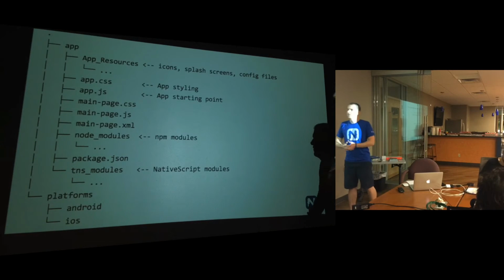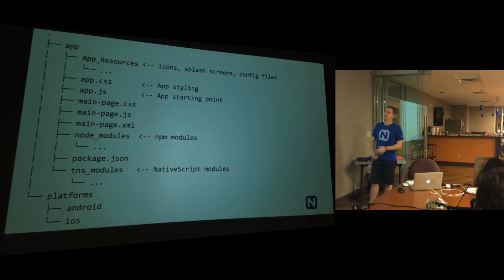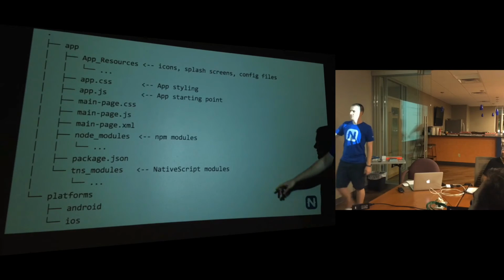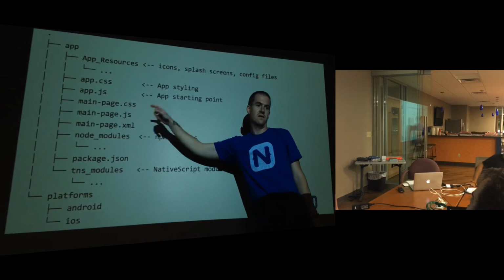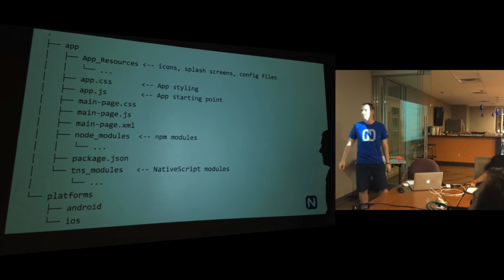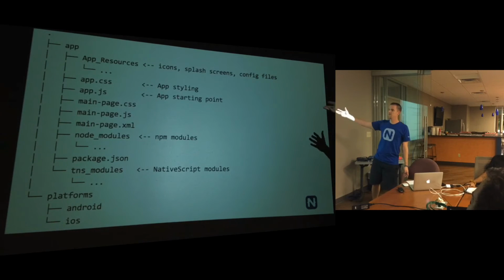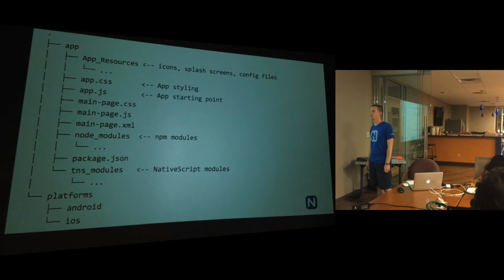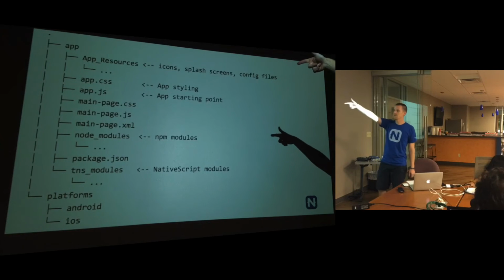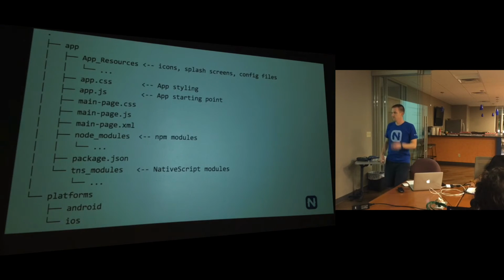And then, if you're familiar with MVVM or MVC or whatever, you're probably going to have a view and a view model, things like that. So main-page.xml, that's your view. Main-page.js, probably your view models in there, and some data bindings, because if you don't have data bindings in your app, it's probably going to be pretty boring. And some styling for that particular page, okay?